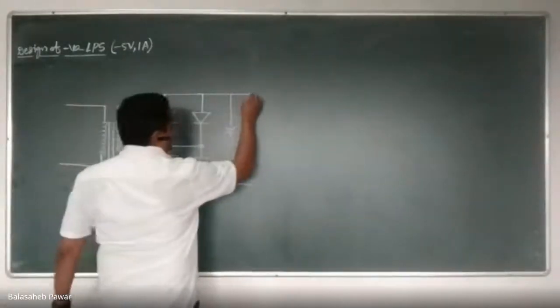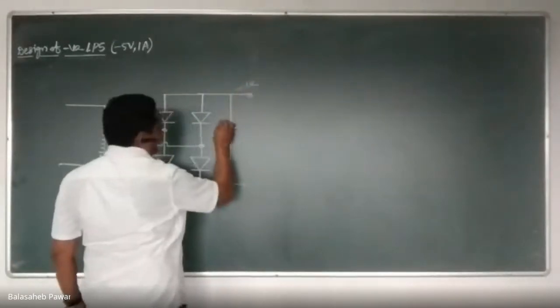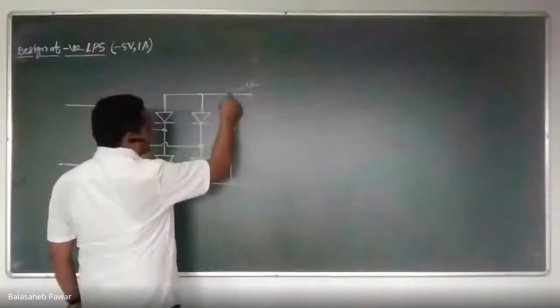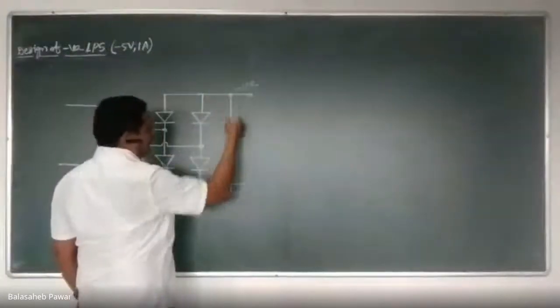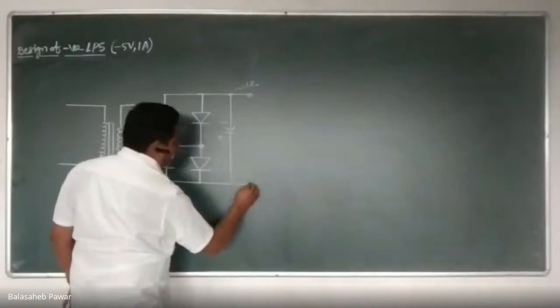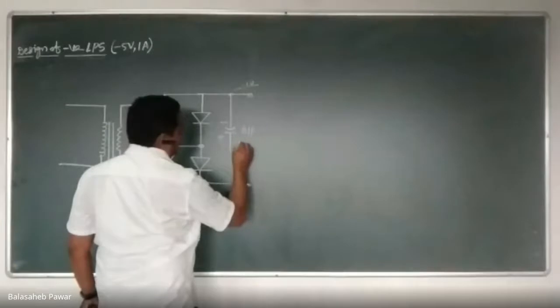So the obtained output will be negative. That's why this filter capacitor's negative terminal should be connected over here. Otherwise, it will burst if the positive is connected towards the upper side, right? Whatever output you obtain here is nothing but the negative unregulated output.